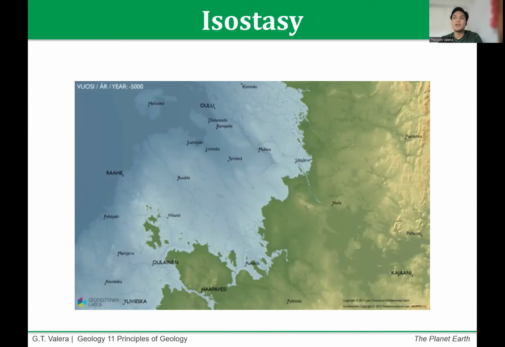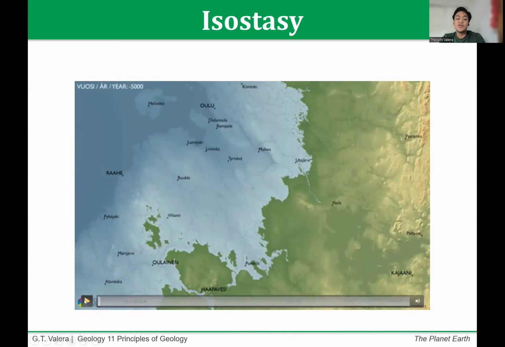So malaking makapal na glacier yun nandito dati. But as soon as nawala na yung glacier, by natural process, yung melting, and also of course global warming or warming of the climate, all those processes eventually led to the glaciers above this region to slowly melt away.